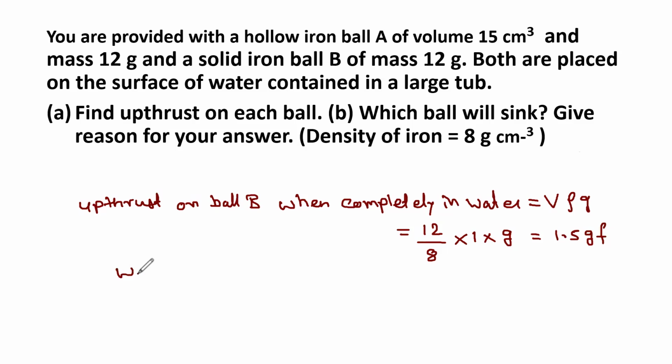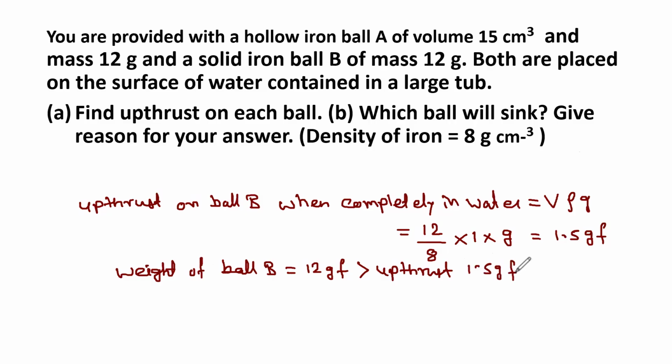But here the weight of ball B is also 12 gram force, which is greater than the maximum upthrust, that is 1.5 gram force. Since the downward force is greater than the upward force, we can say ball B will sink to the bottom.